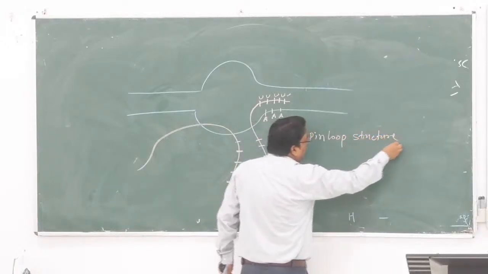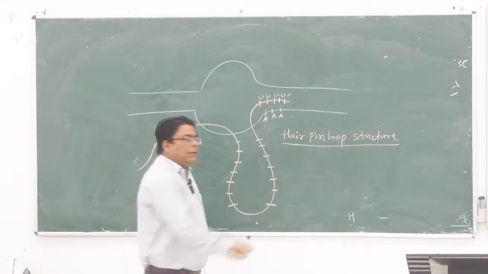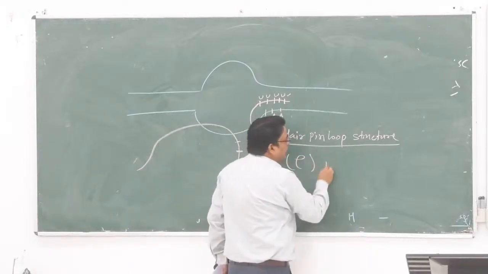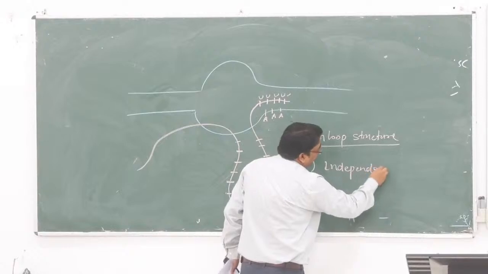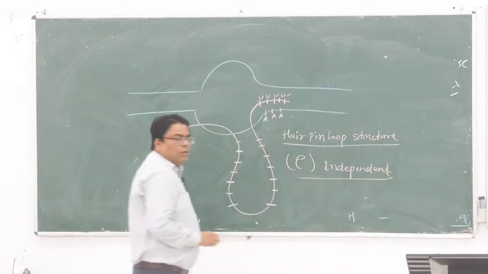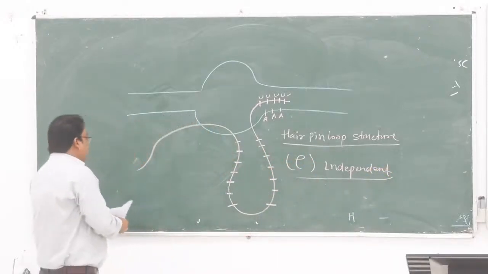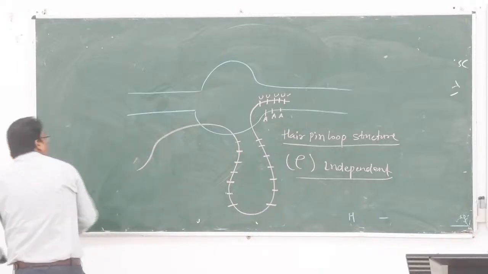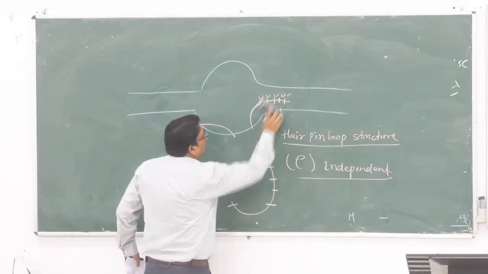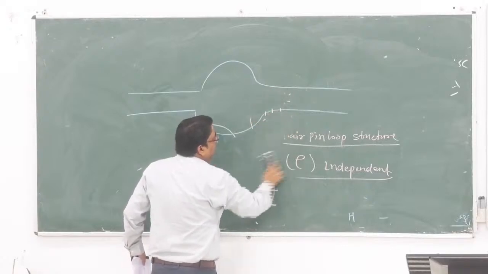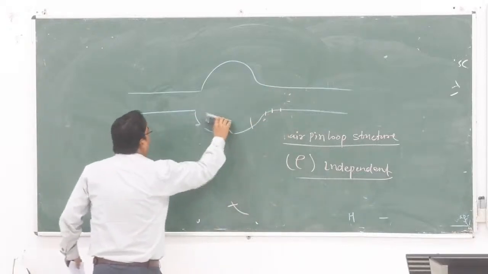Hairpin loop structure. This is called rho-independent termination. And what happens in rho-dependent?